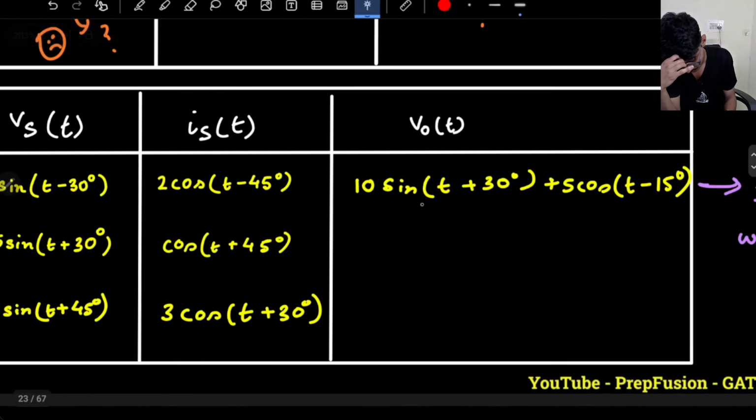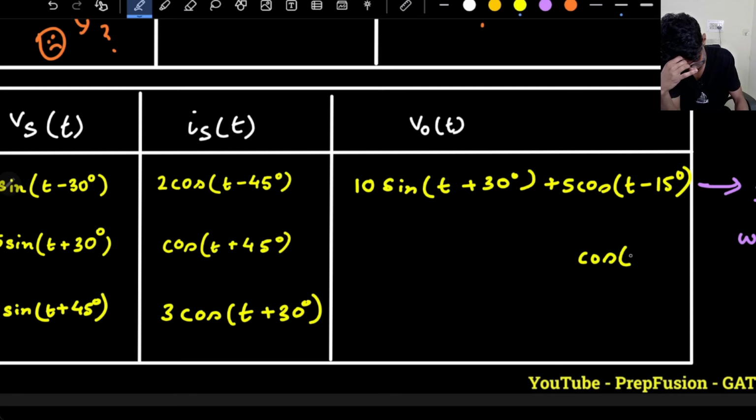and if I assume the response is due to this one, so this is minus 60, this is plus 60, so this one will also be plus 60, so this one will be cos of t plus 45.